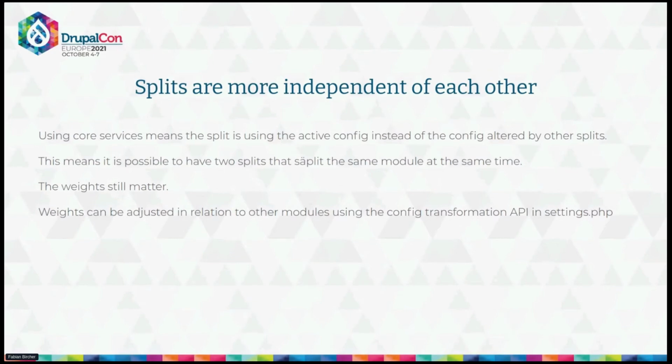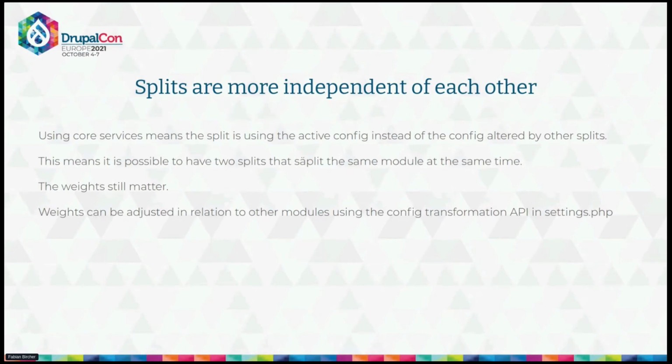But you can set up in settings.php, and there needs to be more documentation about this, which splits should have what weight in terms of the event subscriber weight, and then config split will add more event subscribers depending on what you set up in settings.php.